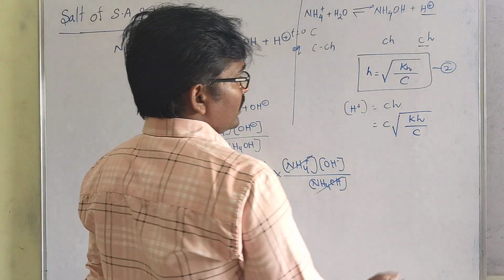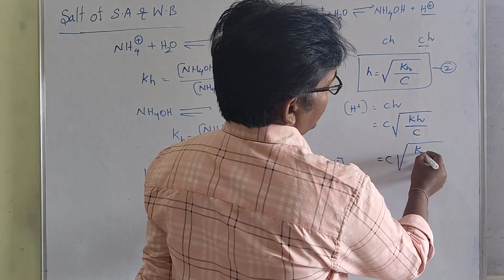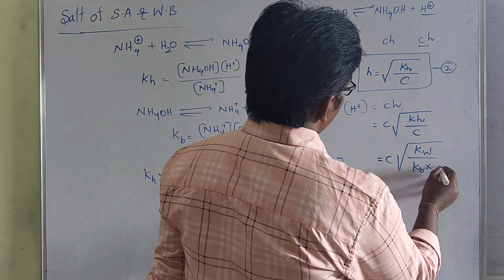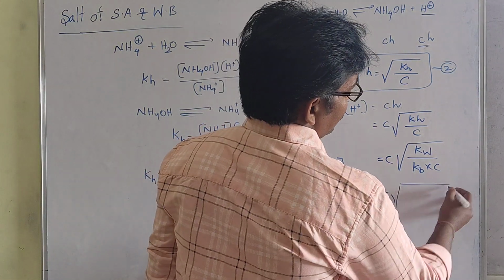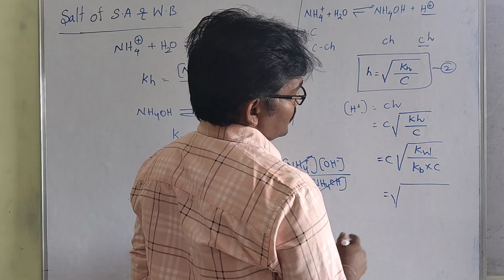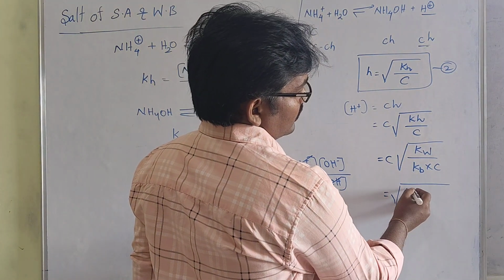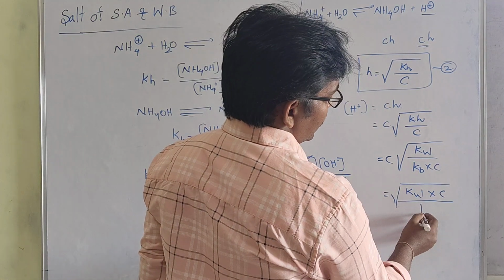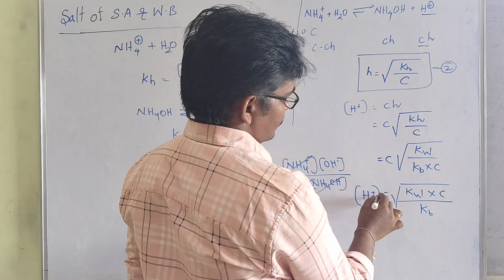So in place of KH, Kw divided by Kb into C. Then finally you can get H plus ion concentration, that is square root of Kw into C divided by Kb. So this is the H plus ion concentration.